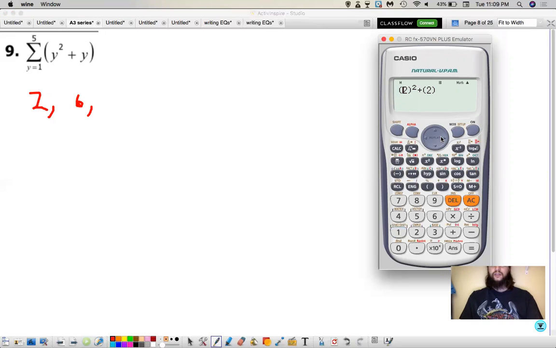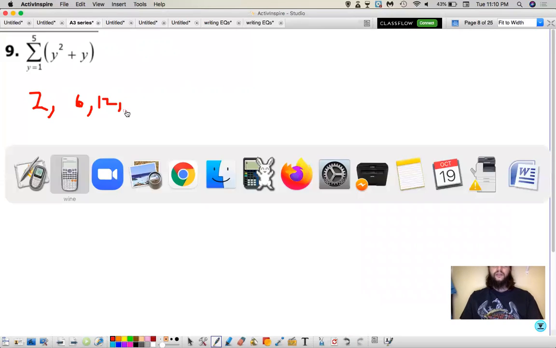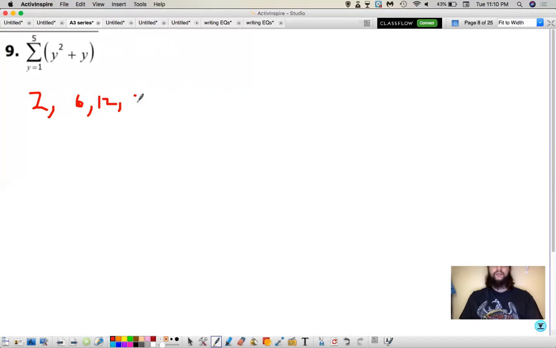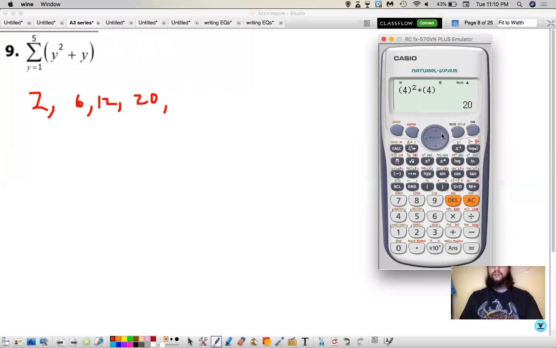Change those to 3s. 12. Change that to 4. 20. And finally, change that to 5. What's that going to be? 30.